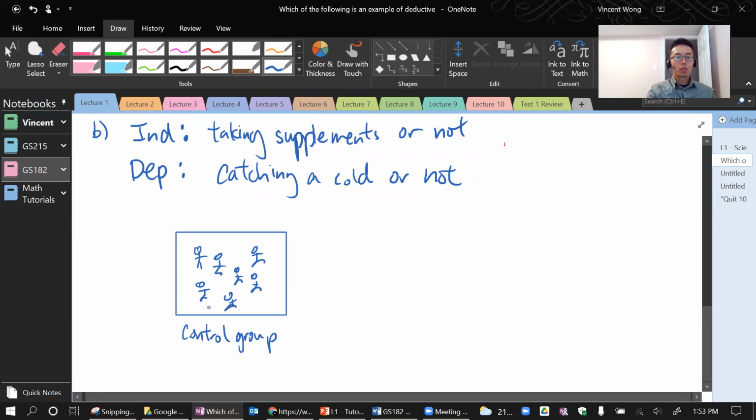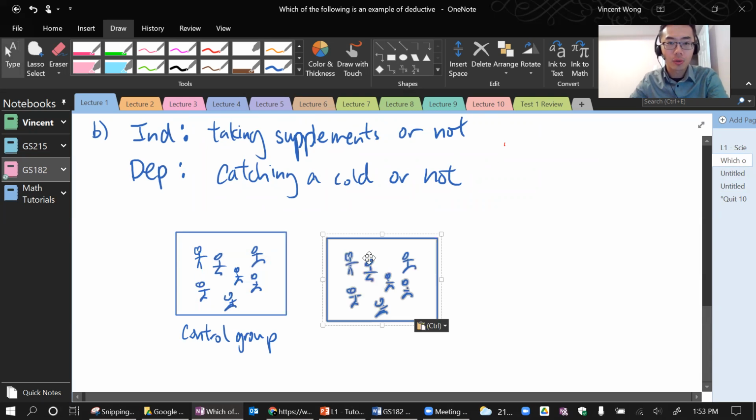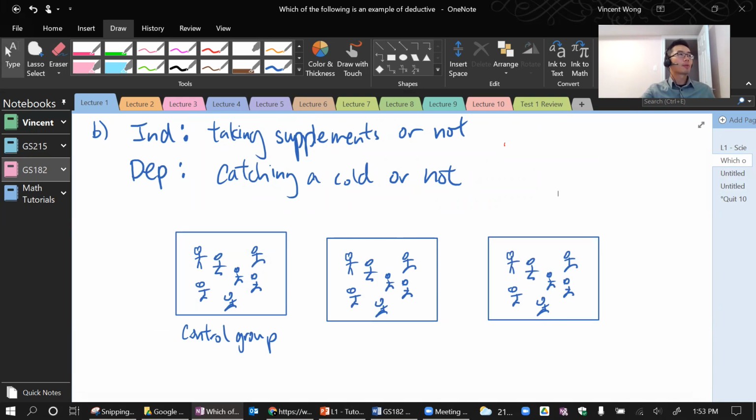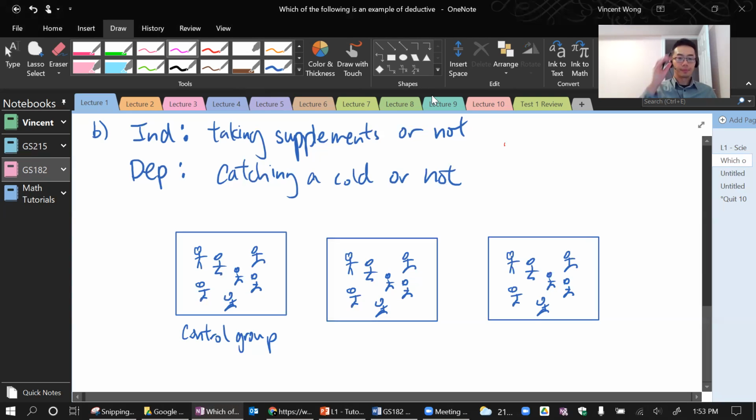So what does the control group get? Anybody? Let me just make more people. There we go. What does the control group get for our experiment? What should we give them? We should give them the supplements.